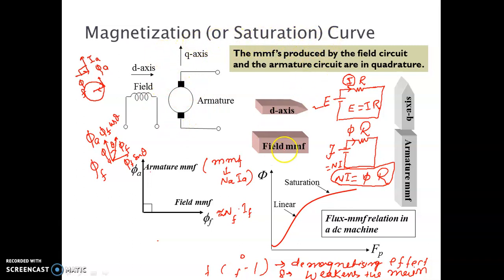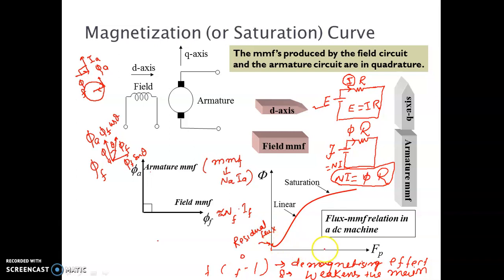Now the magnetization or saturation curve. What is saturation? You see here, some small amount of flux is there even when the field current is not there. That is called residual flux.